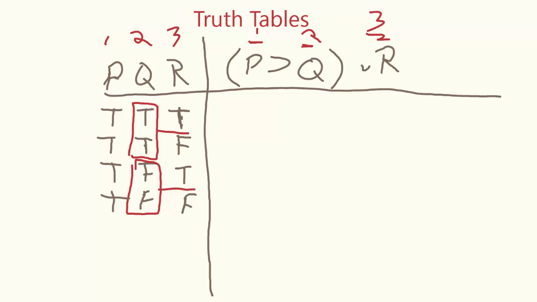And since we know that this exhausts the combinations for Q and R, we know that this exhausts the combinations for when P is true and then all these other combinations for Q and R. But now we're going to have to do the same thing for all the times that P is false, since truth is binary.